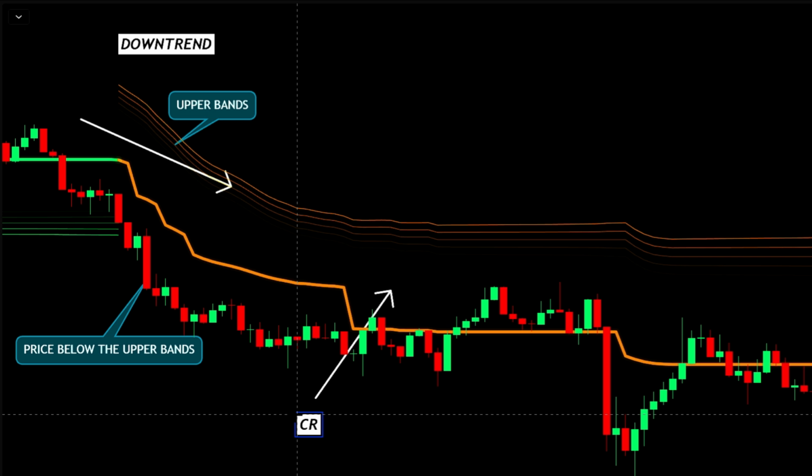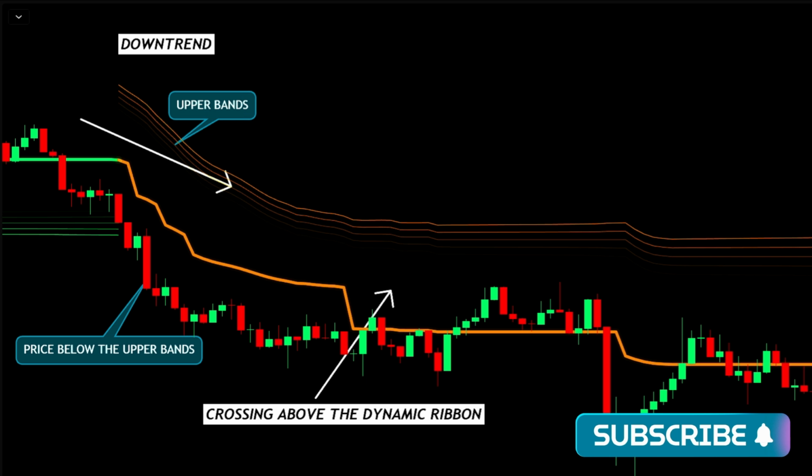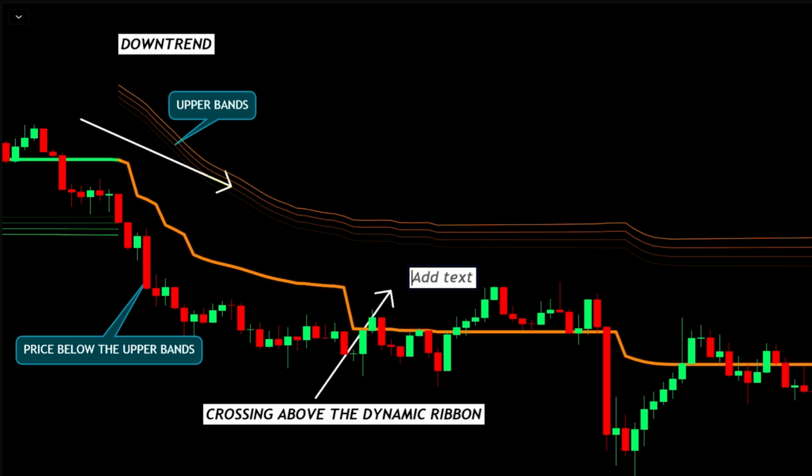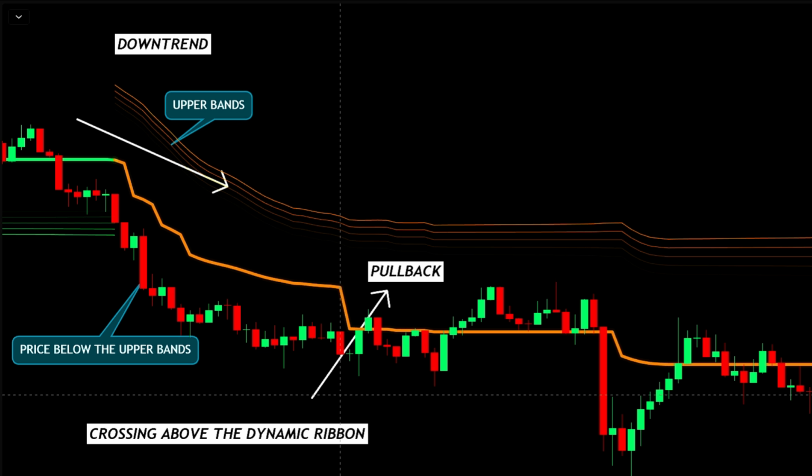The pullback happens when price moves above the central line. That's where we start paying attention.